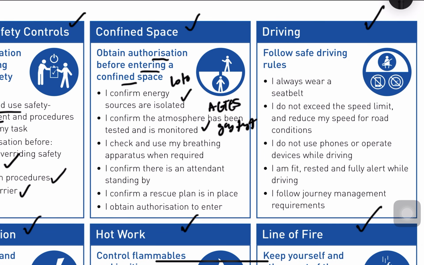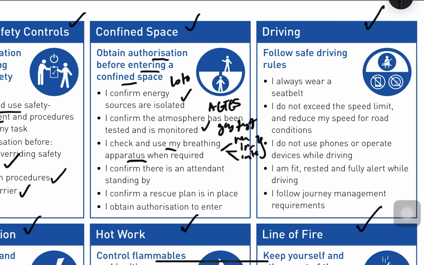I check and use my breathing apparatus when required. Depending on whether it is respirable or irrespirable, this would determine the requirement for breathing apparatus.